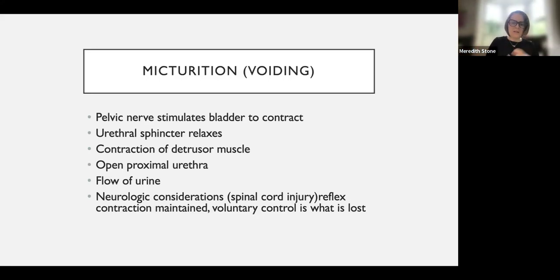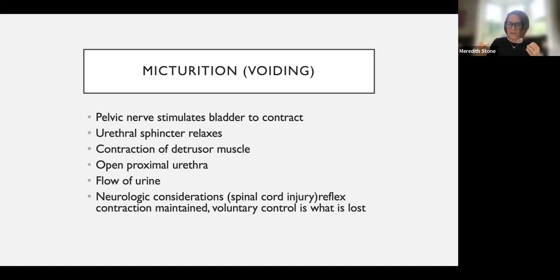So just thinking about this, a couple things. First of all, you guys haven't done spinal cord injuries yet, but you will. There are neurological conditions that are considerations to think about. If somebody has a spinal cord injury, the voluntary control to say, oh, I'm going to need to go to the bathroom and urinate now, is lost, but the involuntary control is still there.